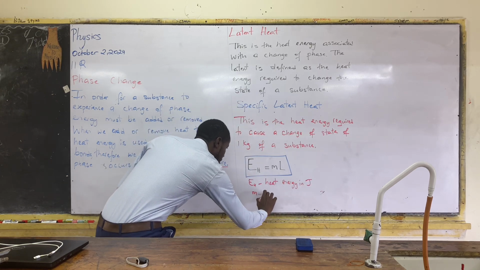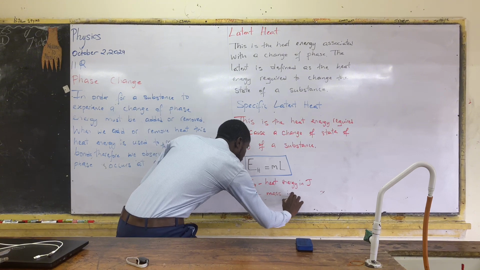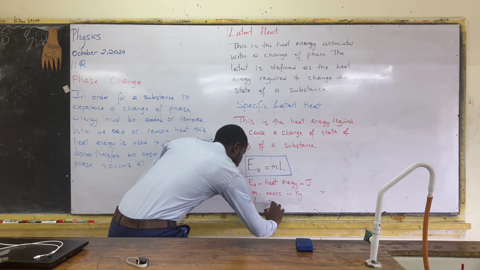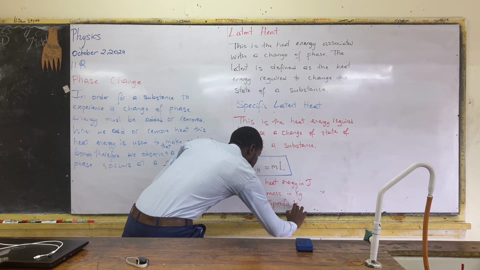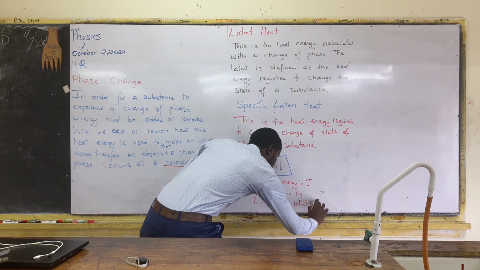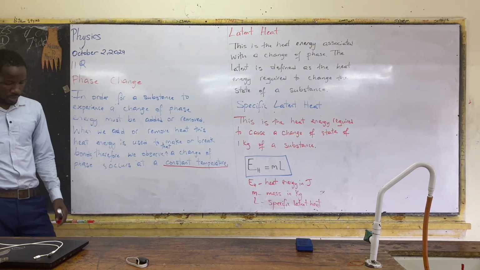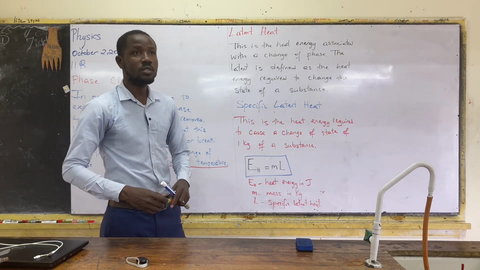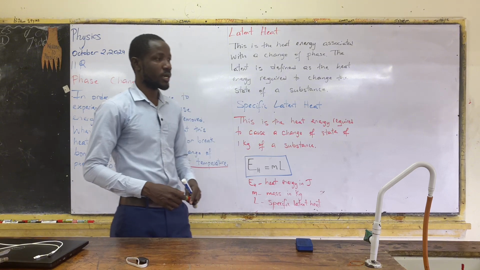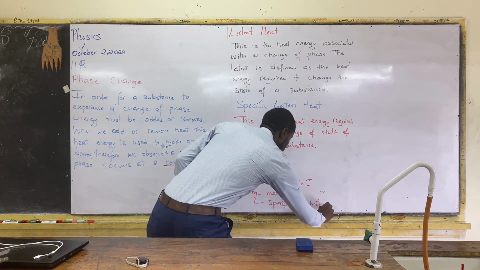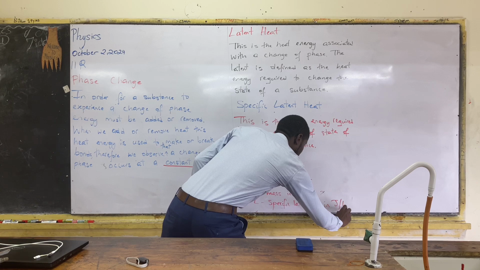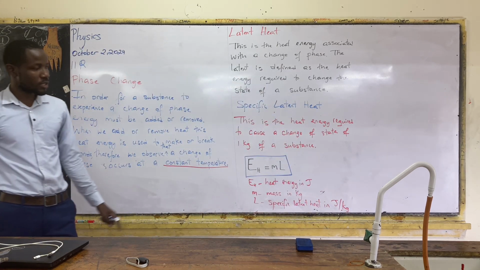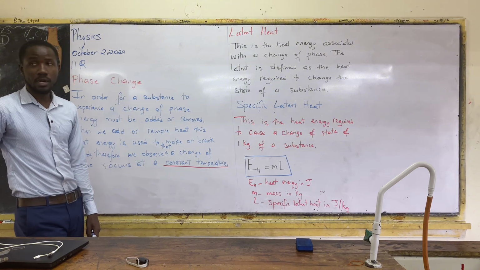M is the mass, measured in kilogram, and L is the specific latent heat. And specific latent heat is measured in what unit? Joule per kilogram, right? So specific latent heat is measured in joule per kilogram.